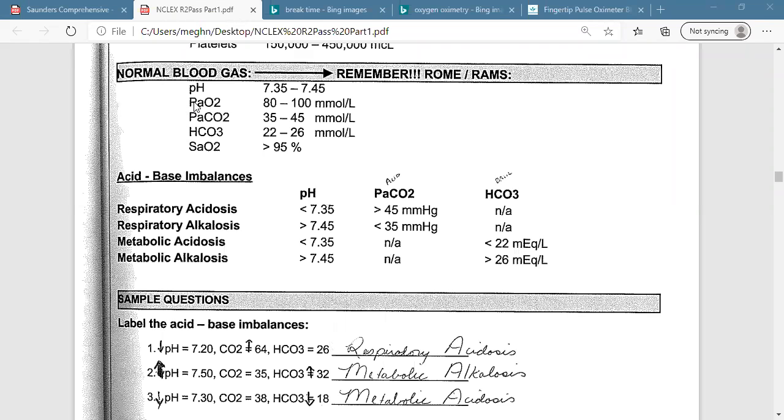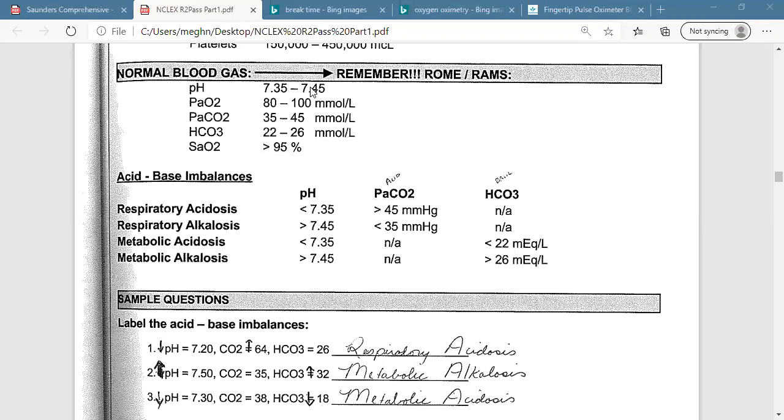I'm recapping it because it's important. The pH is 7.35 to 7.45. If the pH is less, acidic. If the pH is more than 7.45, alkaline. This is note number 1 for the day.